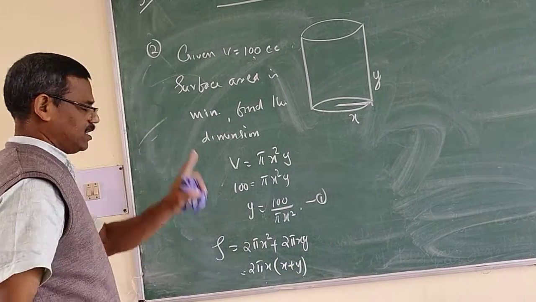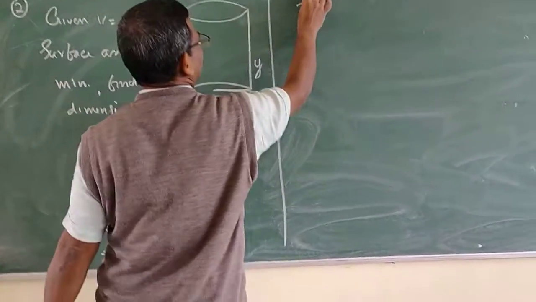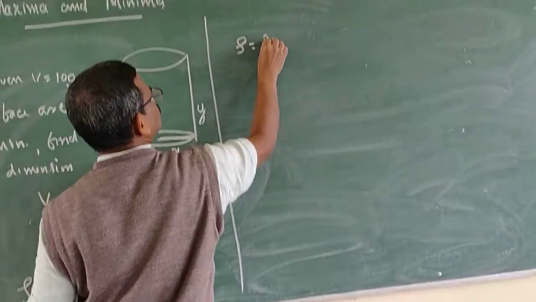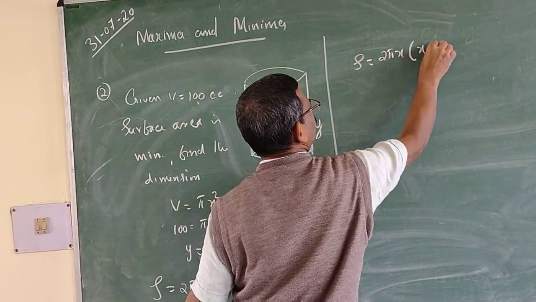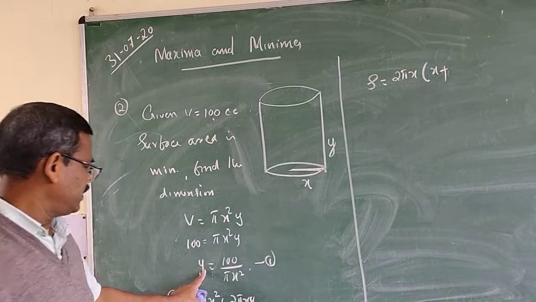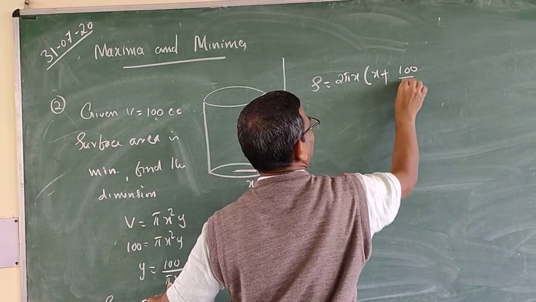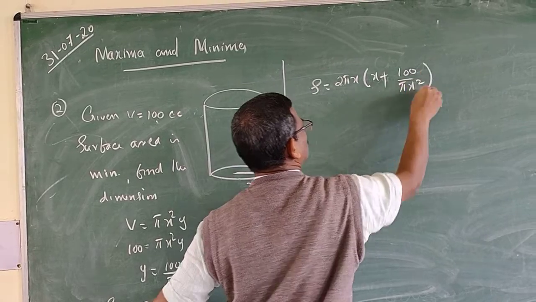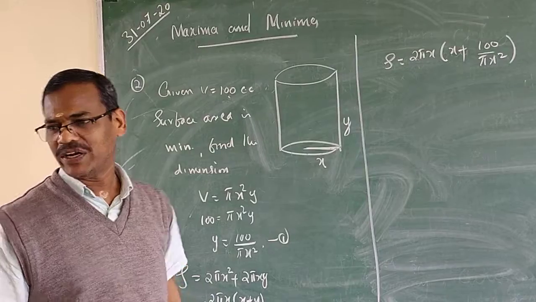This is the surface area of this. S is equal to 2 pi x into x plus y. What is y? 100 divided by pi x square.